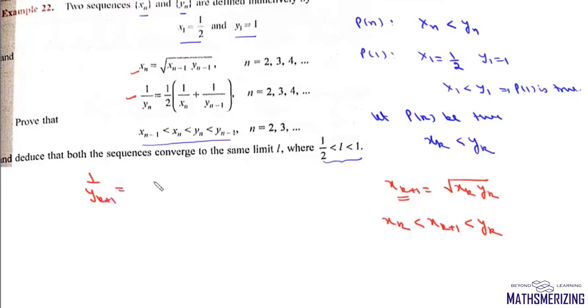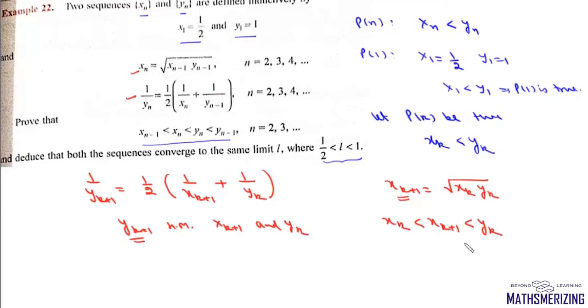Now from this one we can write 1 upon yk plus 1 equals 1 by 2 times 1 upon xk plus 1 plus 1 upon yk, that is yk plus 1 is harmonic mean between xk plus 1 and yk, that is yk plus 1 will lie between xk plus 1 and yk.